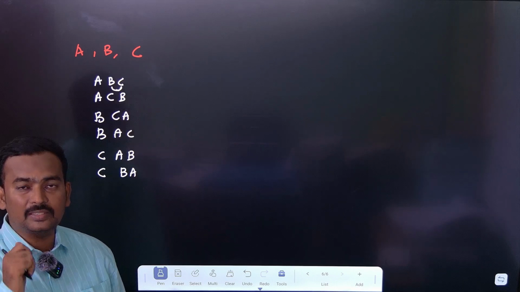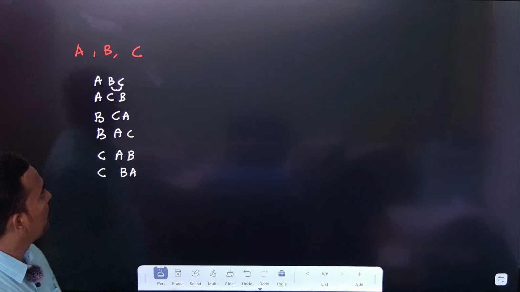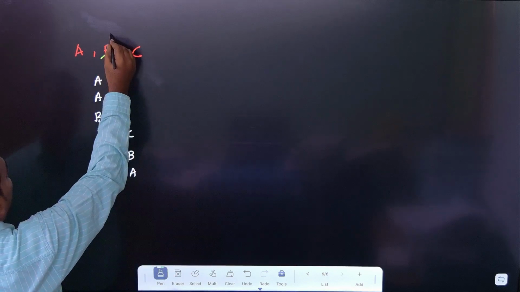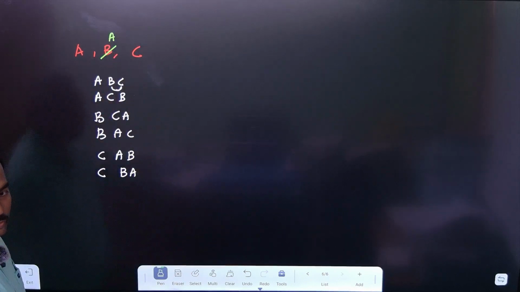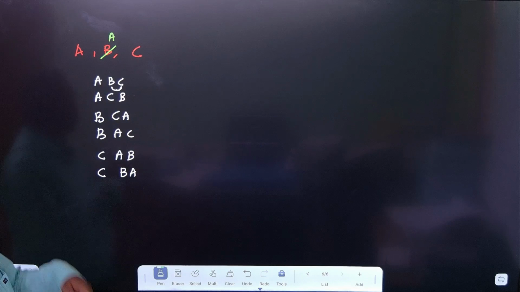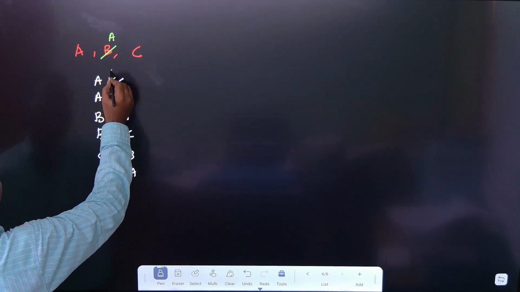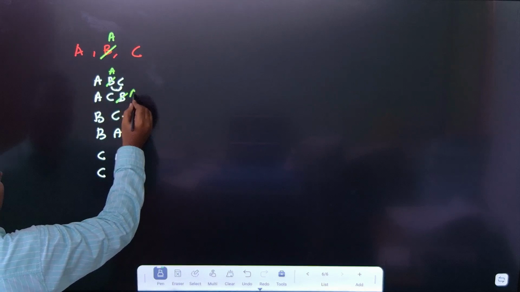Suppose there is a change, and one letter is repeating. Let us take B, and you replace B by A. That means wherever B is there, you have to replace it with A, right?